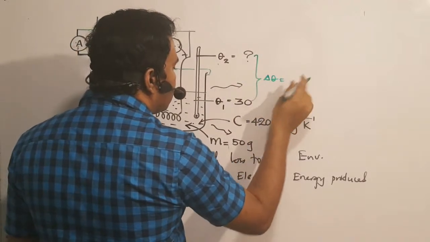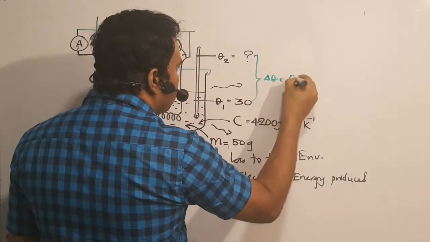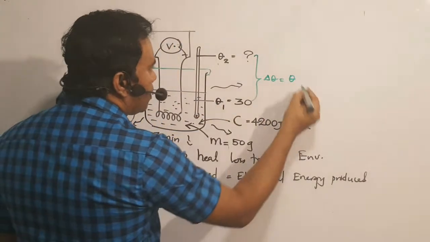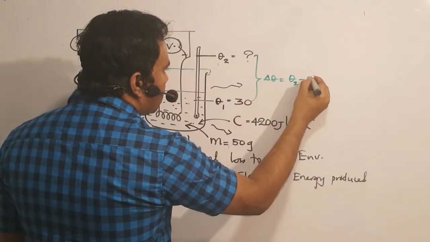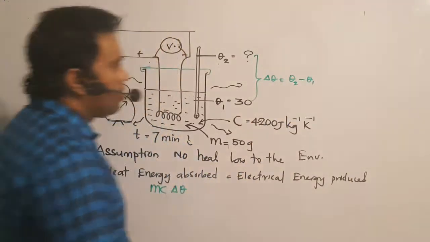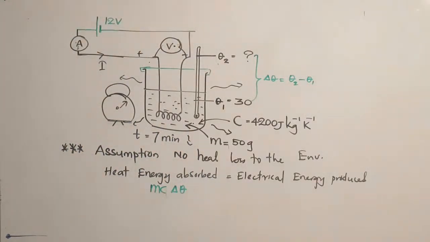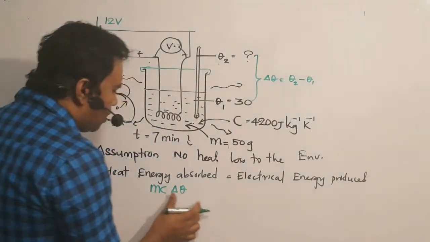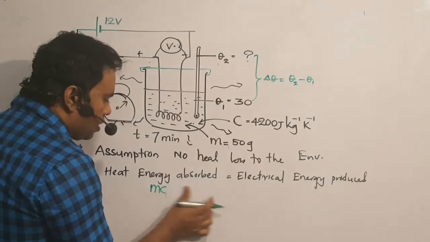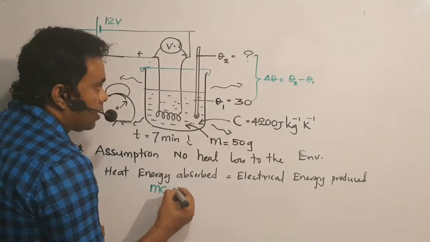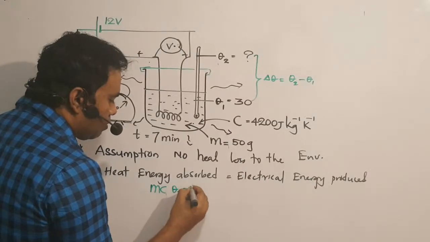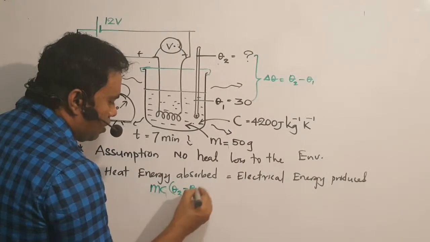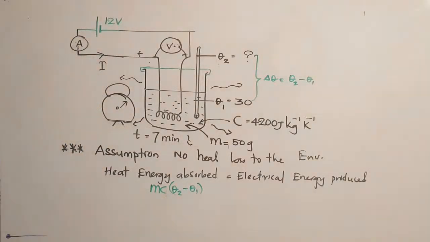It's taken by subtracting initial temperature from the final temperature, theta 2 subtraction theta 1. I think that's clear to you. Therefore, instead of mc delta theta, I put here theta 2 subtraction theta 1. I think that's clear for you.